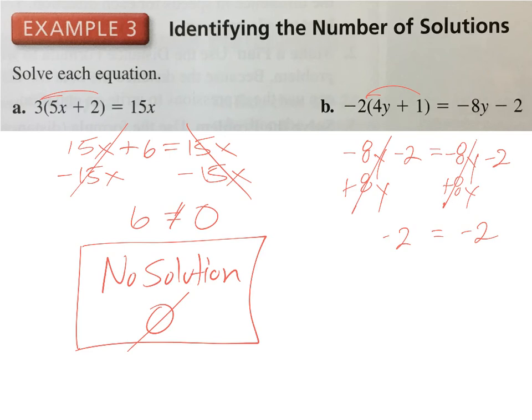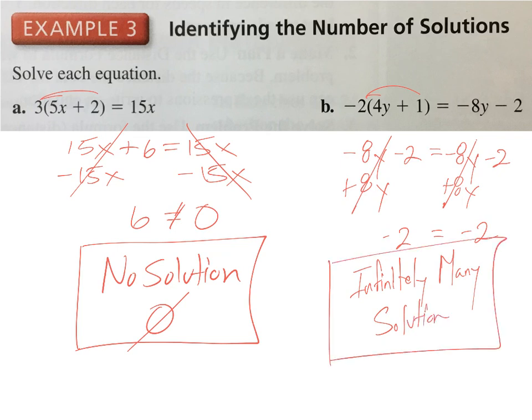What happens here? The variable canceled out. There's no longer a variable there. And I'm left with this equality. Is that equality true? Is negative 2 equal to negative 2? Yeah, it is. So if that's the case, then we have infinitely many solutions.